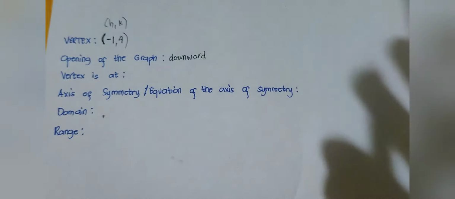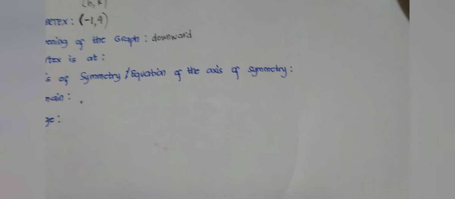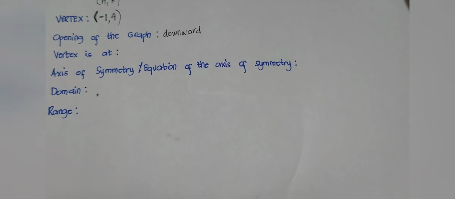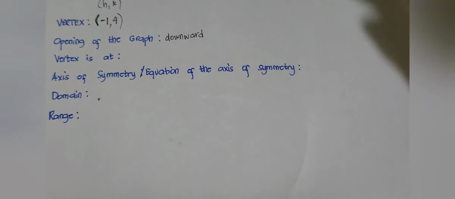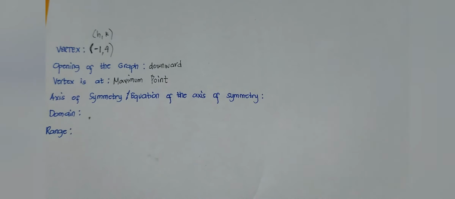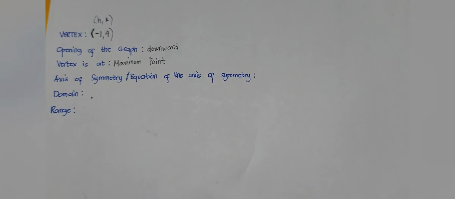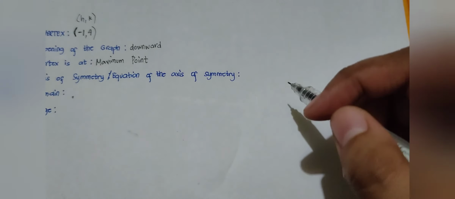So, vertex is at maximum point, okay? Kasi nasa taas siya. Ang graph is downward, so ibig sabihin yung vertex is at maximum point. So, lagyan natin ng maximum point.